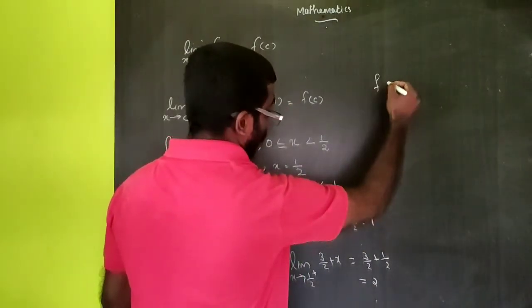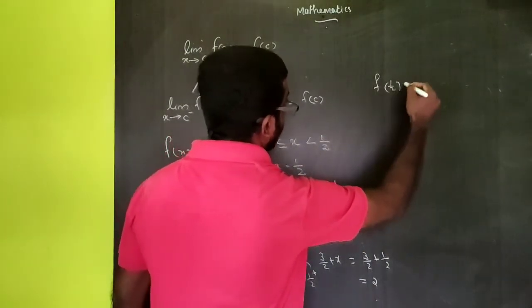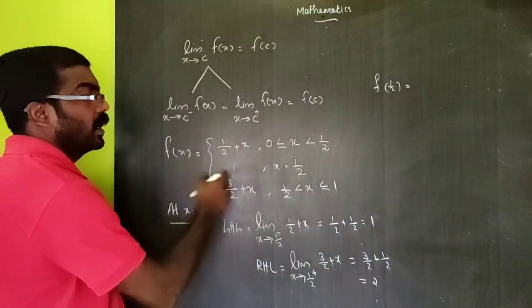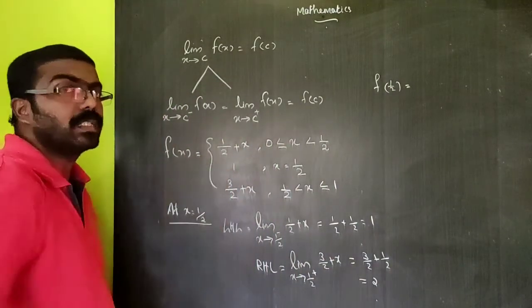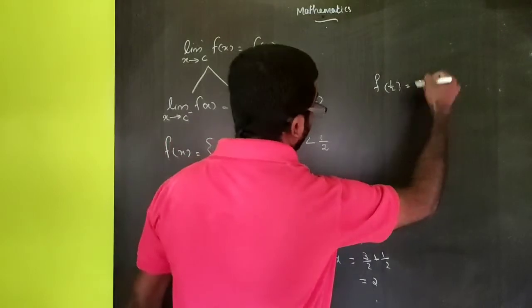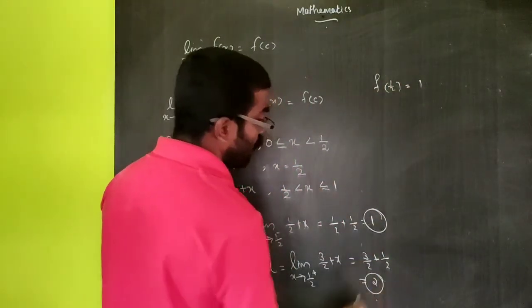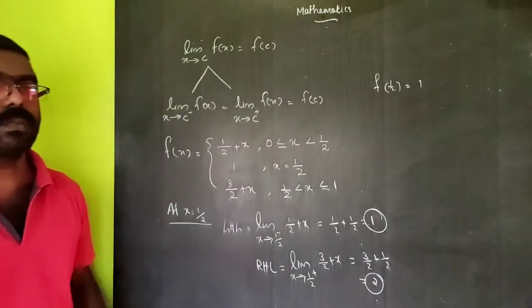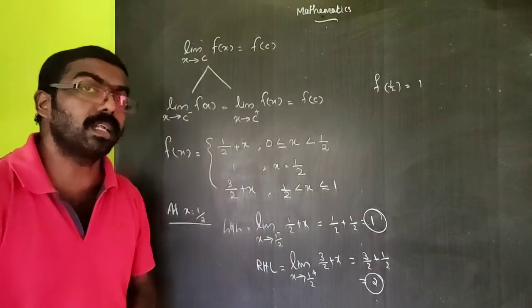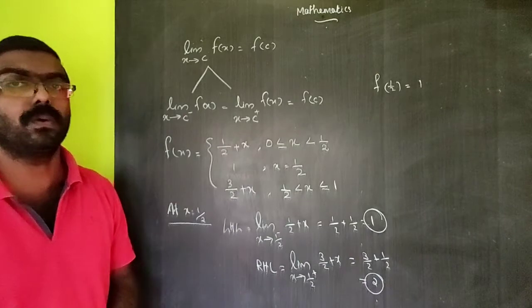And f of c here, f of 1 by 2, is equal to 1. At x equal to 1 by 2, the value of the function is 1. Clearly, LHL is not equal to RHL. So the function is discontinuous at x equal to 1 by 2.